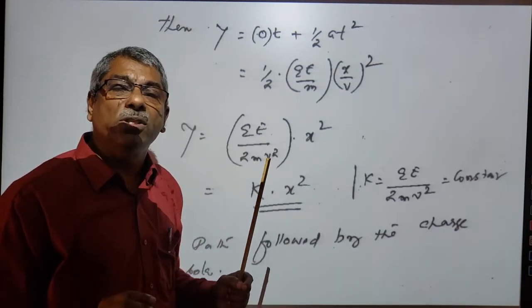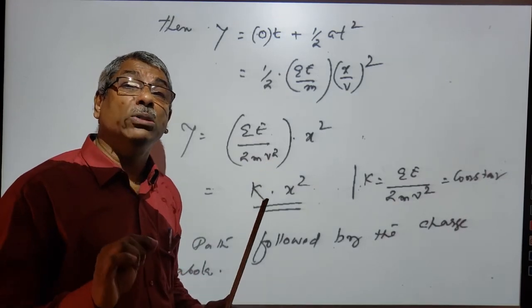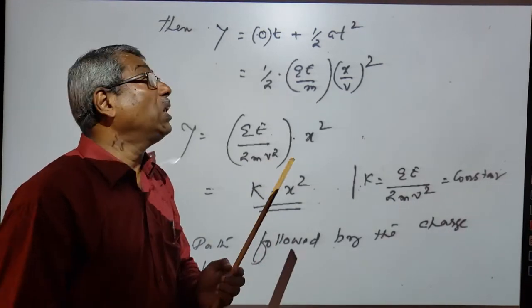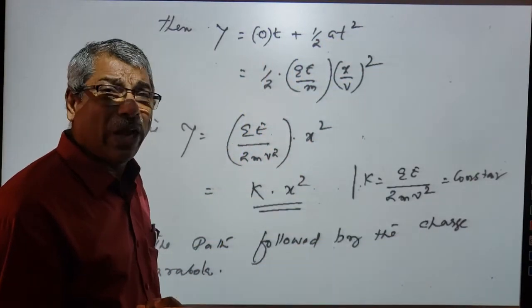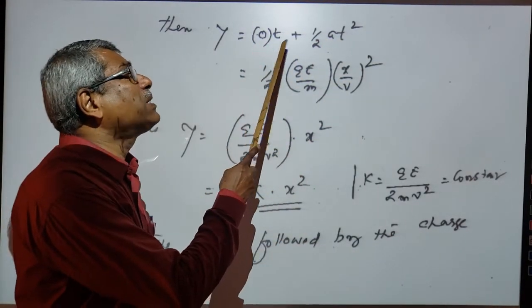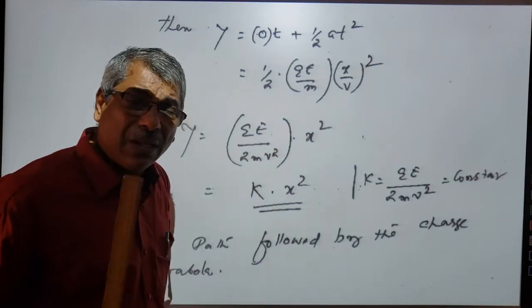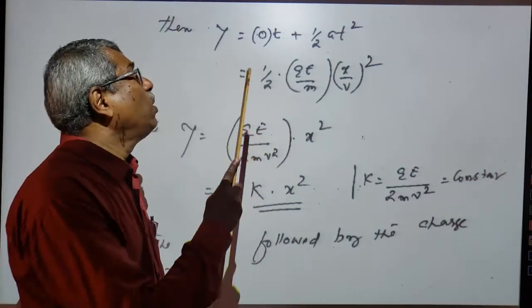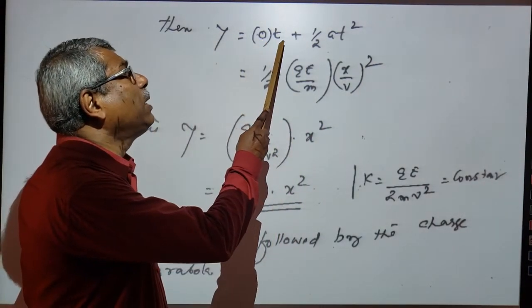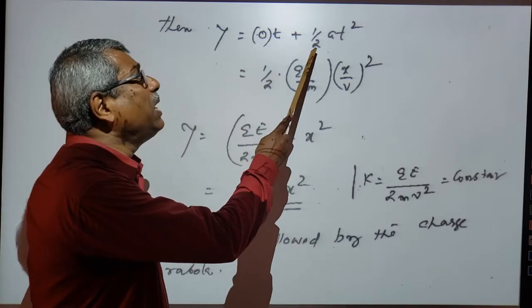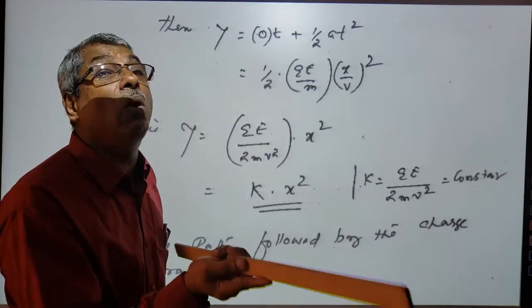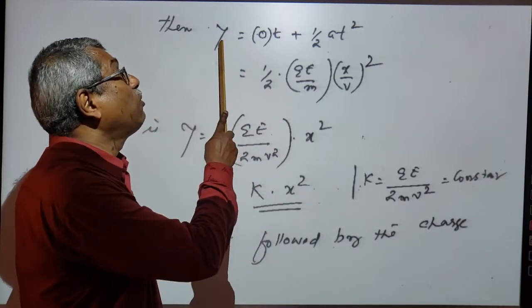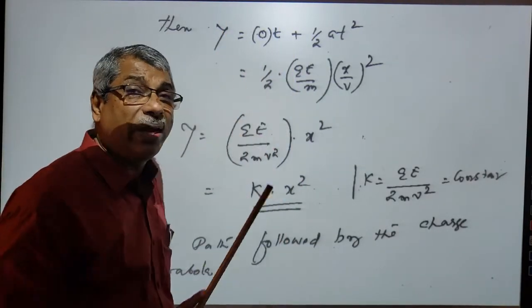There was no velocity component along the y-axis direction. Therefore, y is equal to ut plus half a t square. That means u_y t plus half a_y t square, which is the better way to write it. V_y0 t plus half a_y t square, where V_y0, the initial velocity in the y-axis direction, is 0. Therefore, y is equal to 0t plus half a_y t square.